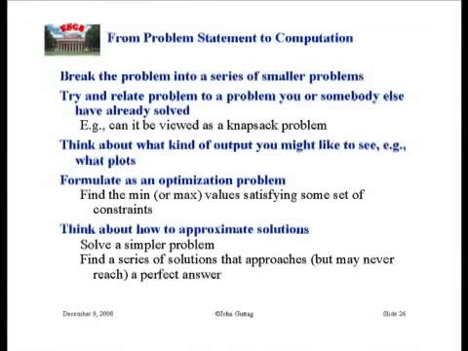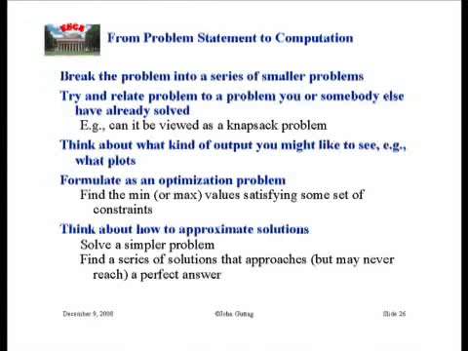Going from problem statement to computation, we said a lot of this. You break the problem into a series of smaller problems. Ideally, reducing it to a problem that you already have code to solve or somebody else's code to solve. My first instinct when I have to solve a problem is I go to Google and I say, oh, this is really an X problem, a shortest path problem.